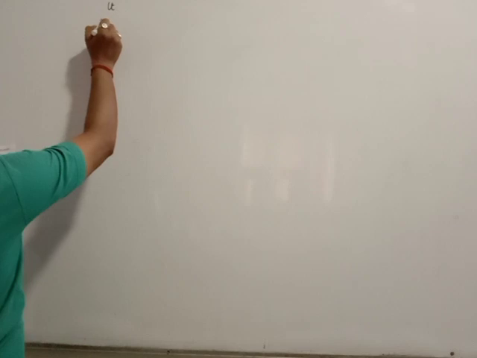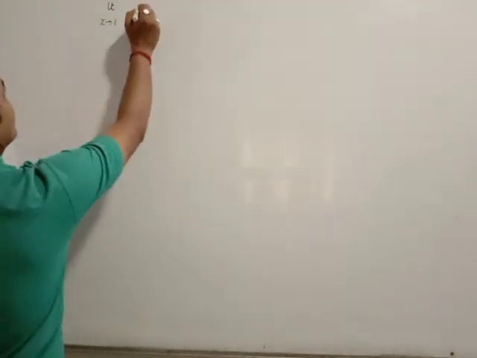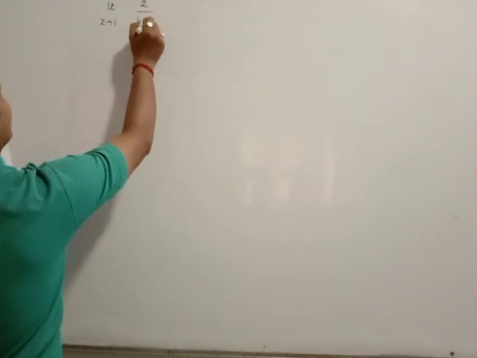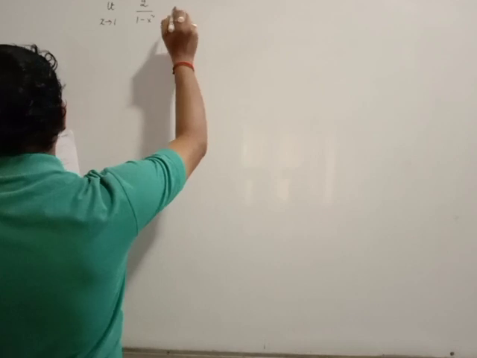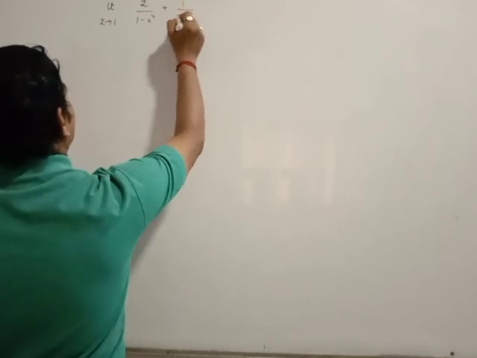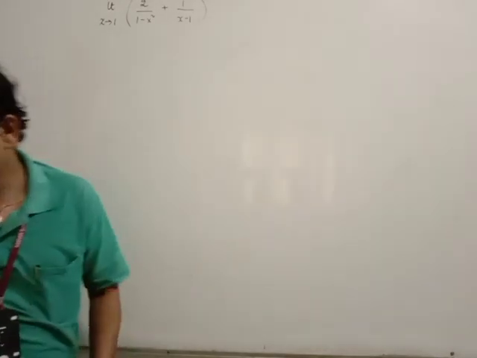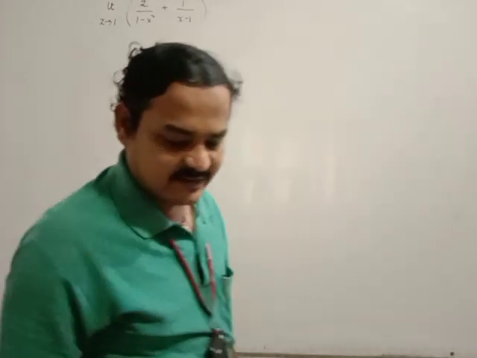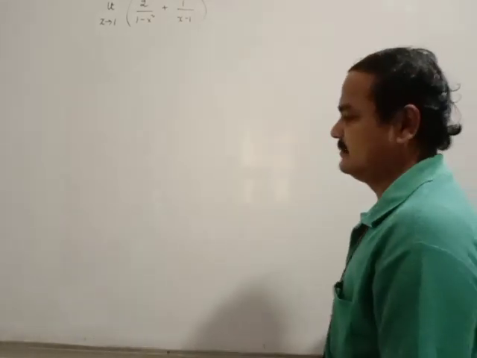Limit x tends to 1, 2 by 1 minus x square plus 1 by x minus 1. Limit x tends to 1, 2 by 1 minus x square plus 1 by x minus 1.